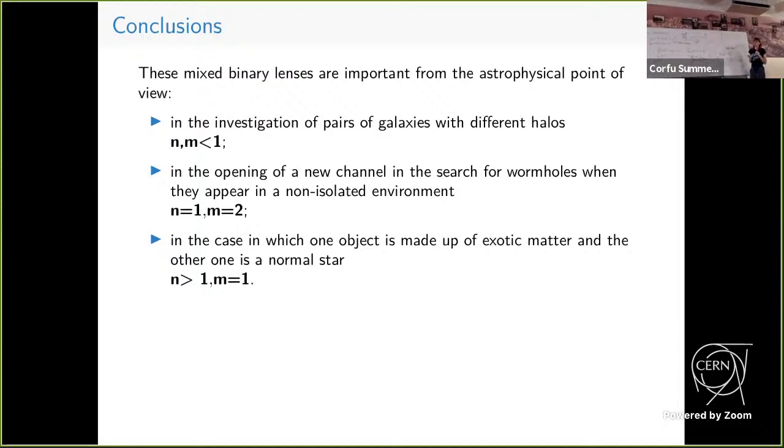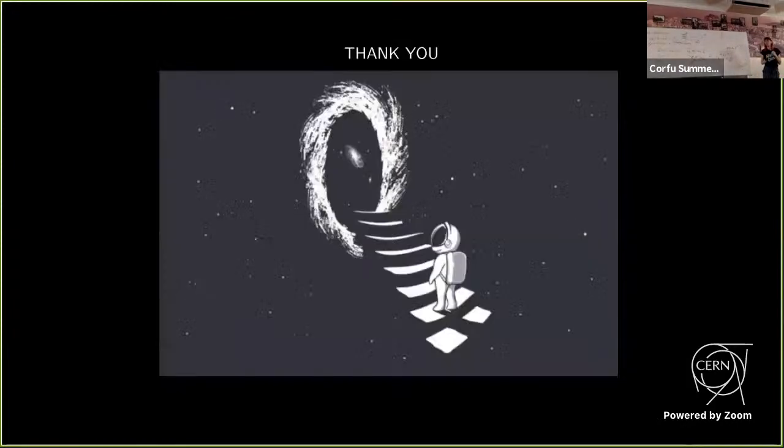This system can be used in opening a new channel in the search for wormholes when they appear in a non-isolated environment, because in this case we have a normal object and then a wormhole. So this is the distinctive signature. And we can also use it in the case in which one object is made up of exotic matter and the other one is a normal star. And thank you.